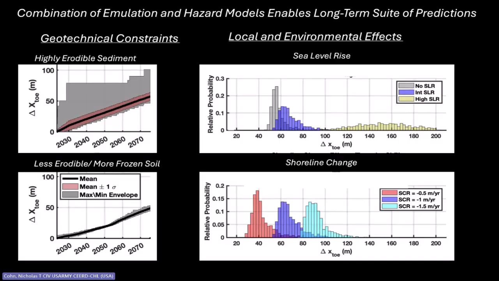But at some point there's a tipping point where we have really accelerated erosion, which is more or less what we would expect. And secondarily, we can change the shoreline change rate in the model. And not surprisingly, as you retreat your beach system more, the tundra also retreats significantly more as well. So there's a close coupling between the beach and what the tundra does, at least in the model framework.